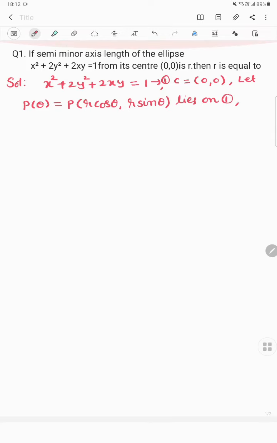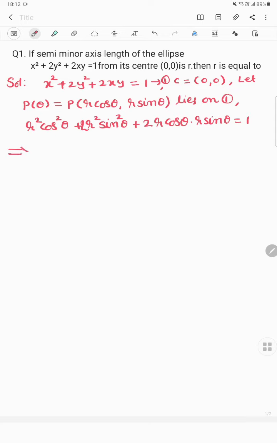So wherever x comma y is there, we replace with r cos theta, r sin theta. So r square cos square theta plus 2 r square sin square theta, plus 2 into r cos theta into r sin theta is equal to 1.